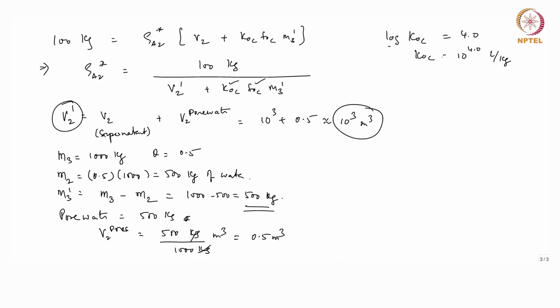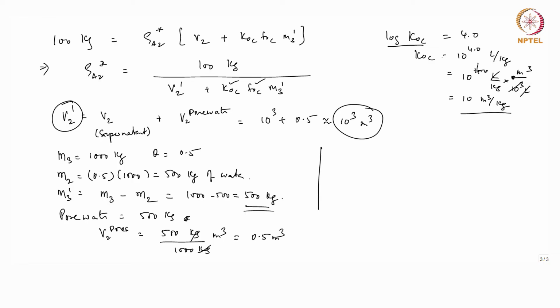When we say log KOC, the units are always liters per kilogram, which means I convert it to 10 raised to 4 liters per kilogram into 10 raised to 3 liters per meter cubed. It becomes 10 meter cubed per kilogram, because I am working in meter cubes and kilograms, I do not want a liter in between. So, I will convert all of this to the same units.